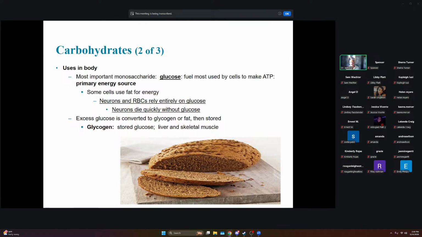The first grab for our cells to make ATP is glucose, or blood sugar. That's the first source of energy that our body tissues, organs, and cells reach for, and that's why our blood sugar levels are so vital.